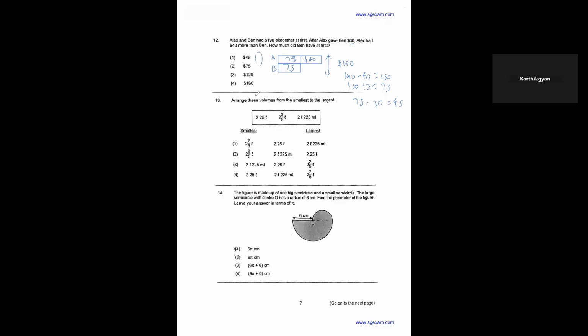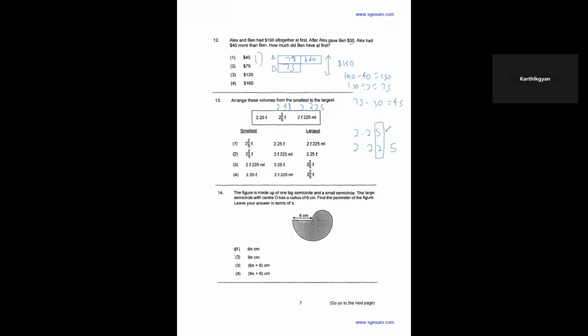Question 13. Arrange these volumes from smallest to largest. My advice to you, change this all to decimal. This is 2.4. This is 2.225. You know that 2.4 is definitely greater than this 2. So you compare 2.25 and 2.225. The number where it's different is here already.